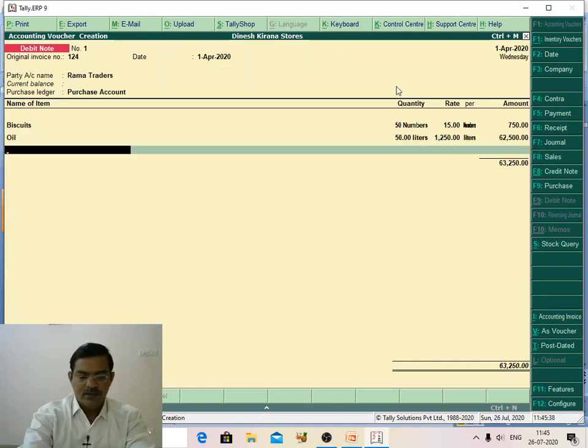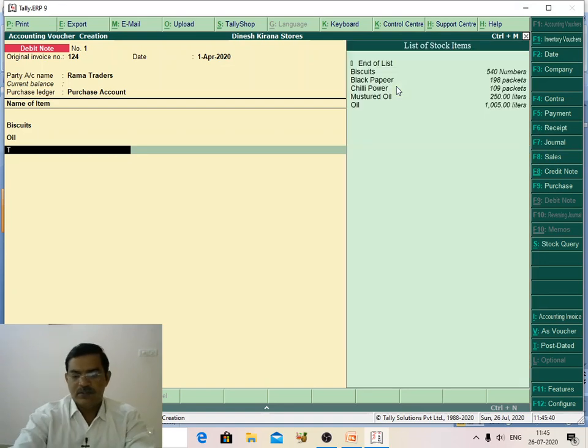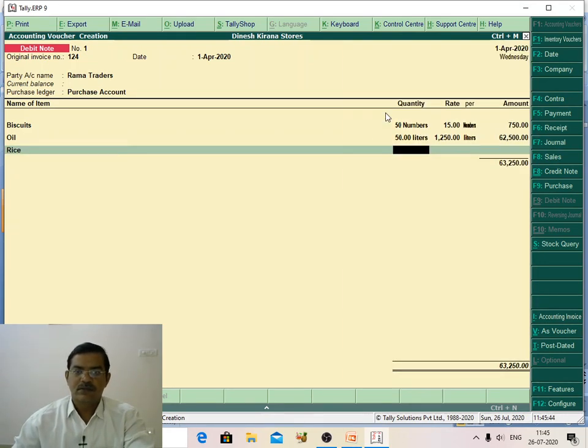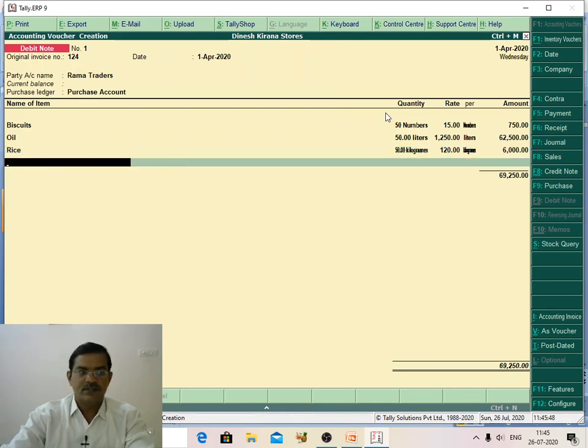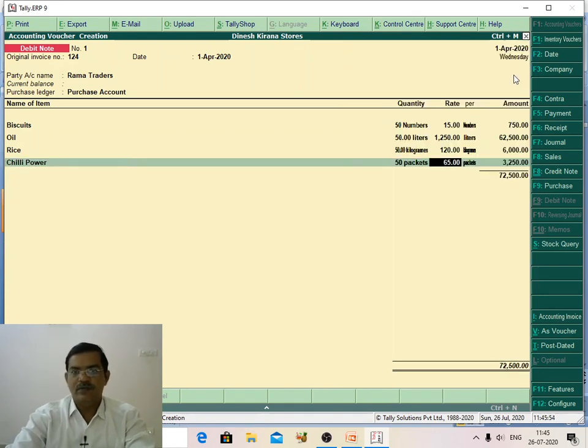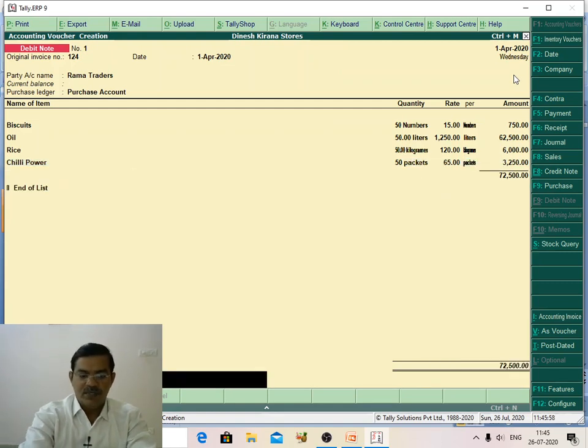And rice, 50 kilos. And chili powder, 50 like this. Narration: being goods returned to Rama Traders.